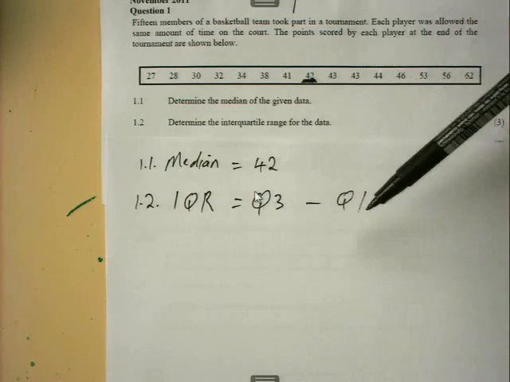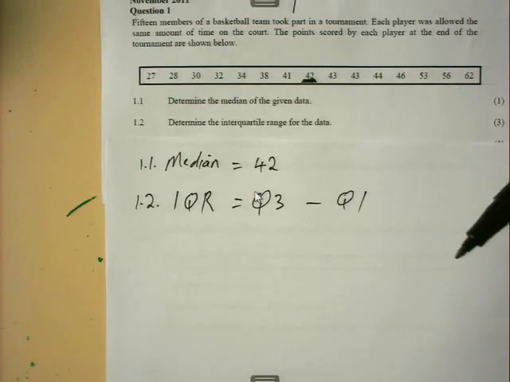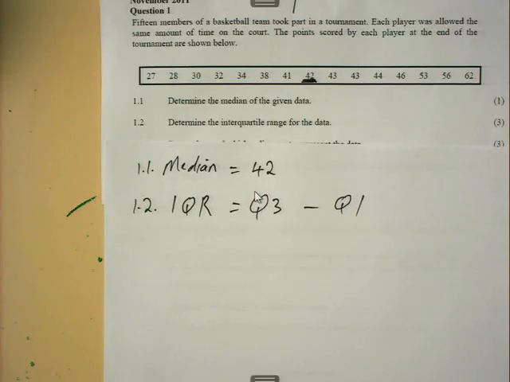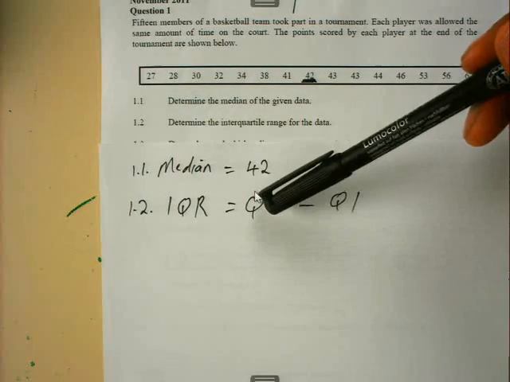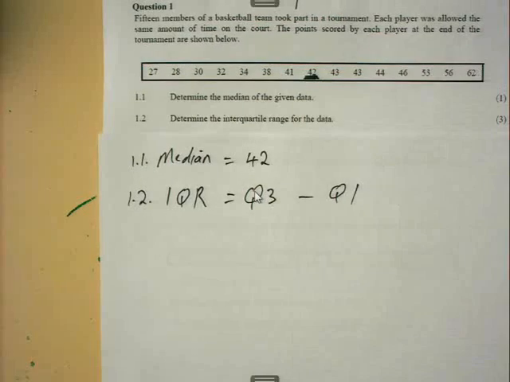Once you've got Q3 and Q1, it's easy for you to determine the interquartile range. Thank you. I'm going to give you again 2 minutes. This time for 2 minutes, you determine Q3, you determine Q1, and then determine the difference between the two, because the difference between Q3 and Q1 will then give you the interquartile range.